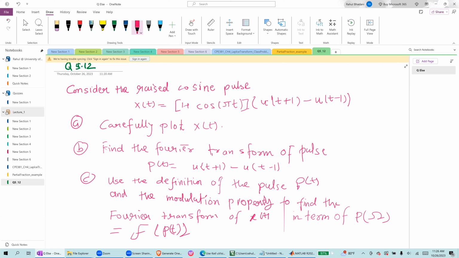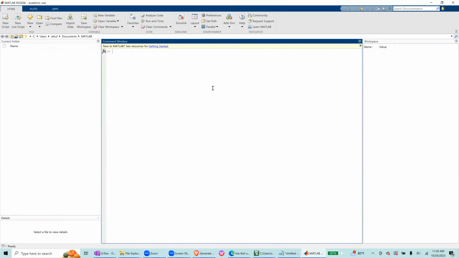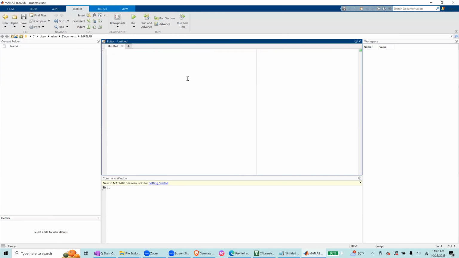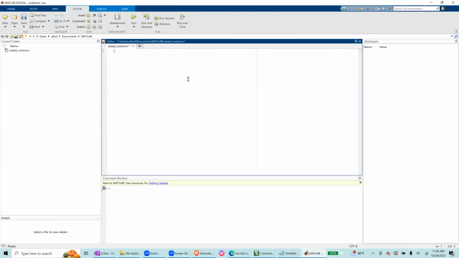Okay, so this is what we have, and in order to plot, we will use MATLAB to show you how to plot it. Let's create a new script and save it as pastcosine.m.